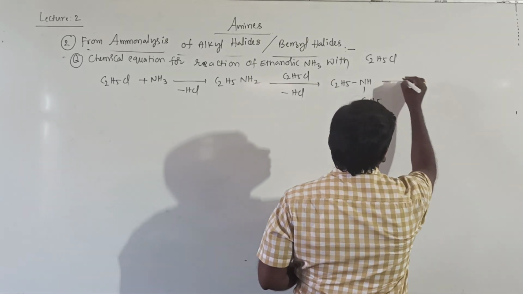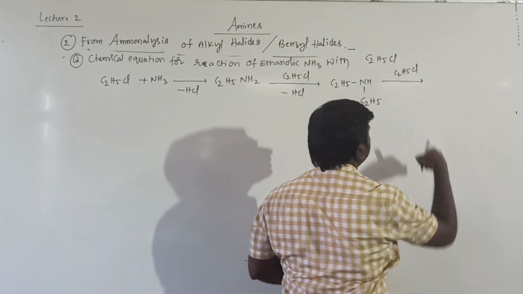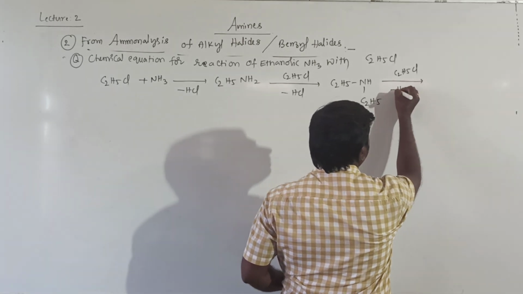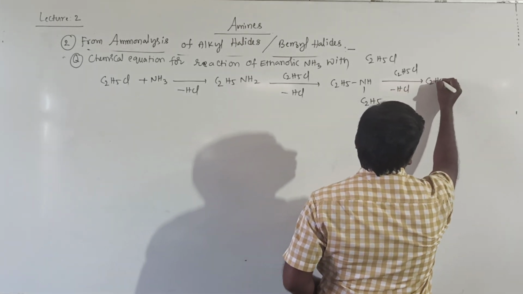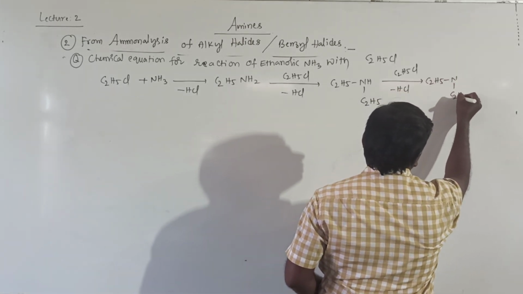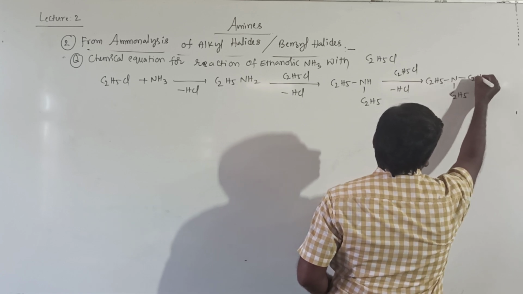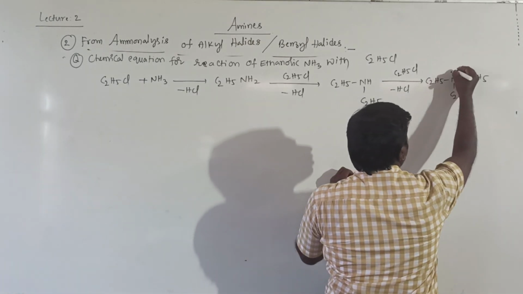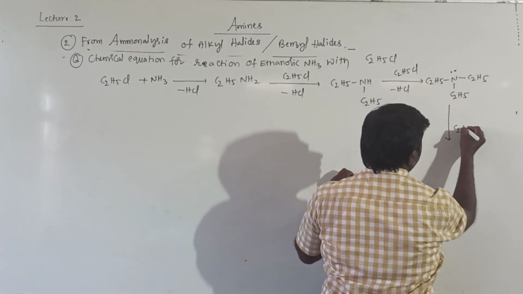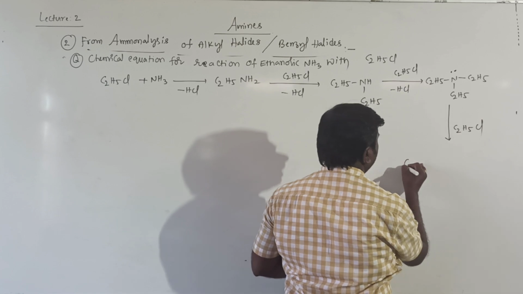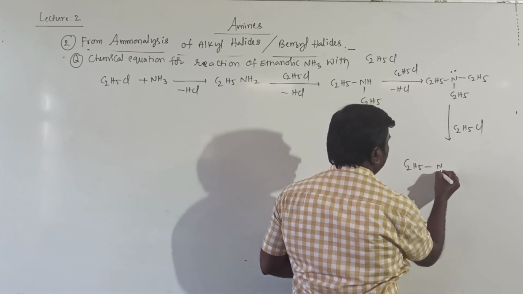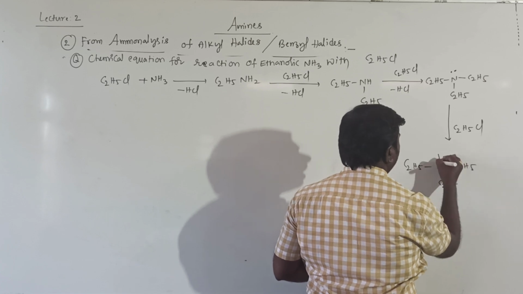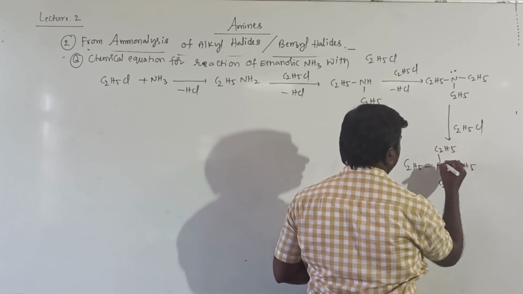This is again treated with C2H5Cl, students. Hydrogen and Cl are removed as HCl, then we get N with three C2H5 groups. There is a lone pair of electrons, so again treated with C2H5Cl, the fourth C2H5 is added.